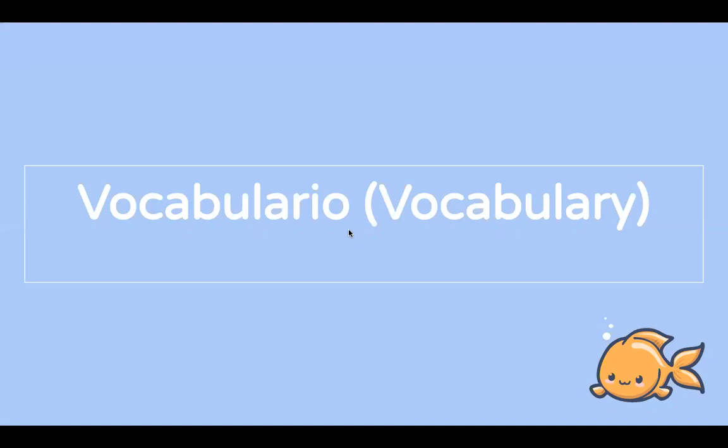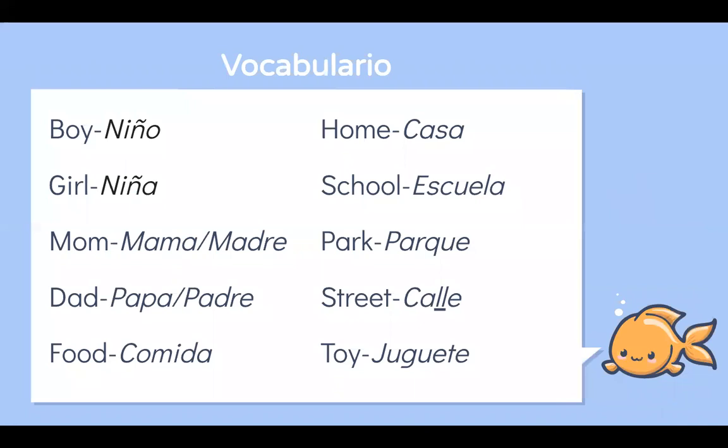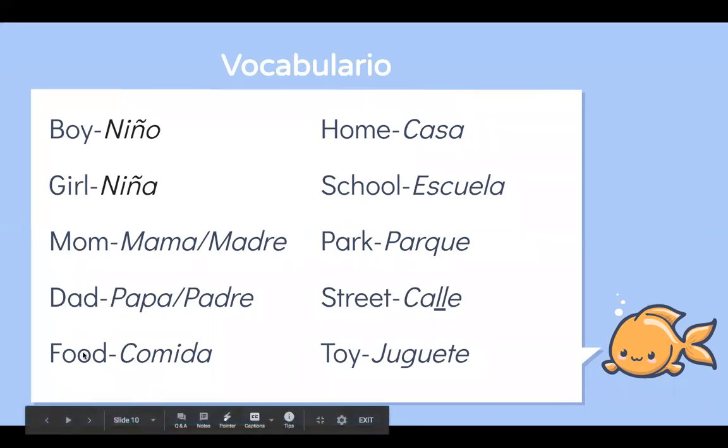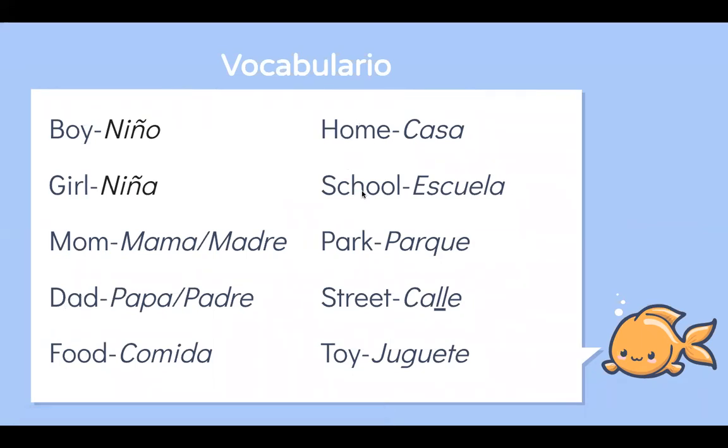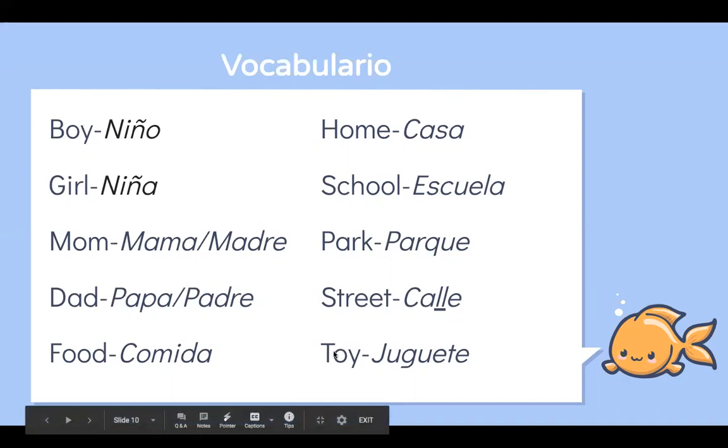Let's look at some words en el vocabulario. So here I have just 10 common words in English. We have boy, girl, mom, dad, food, home, school, park, street, and toy.